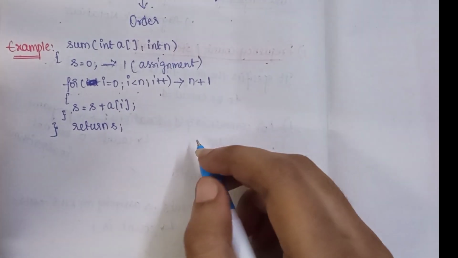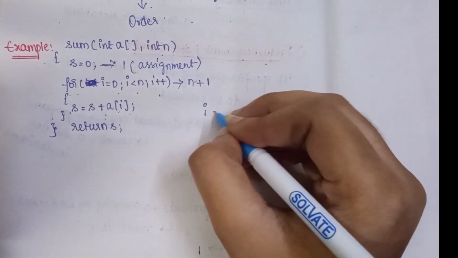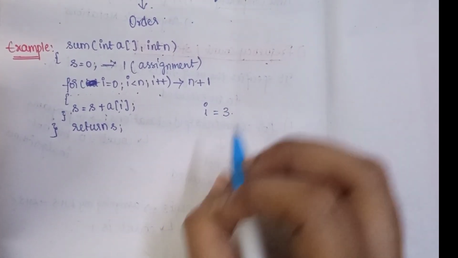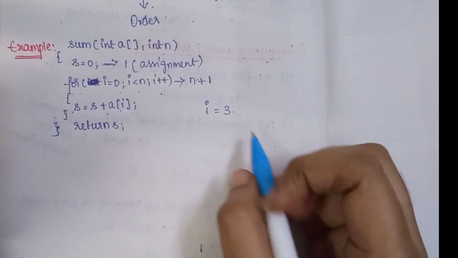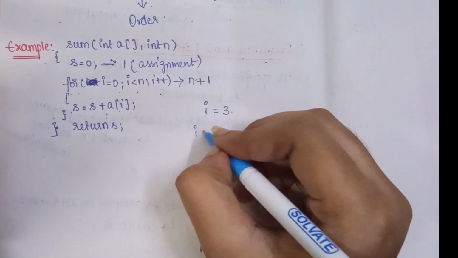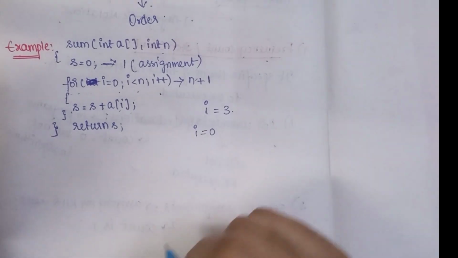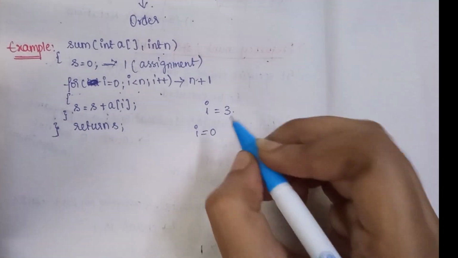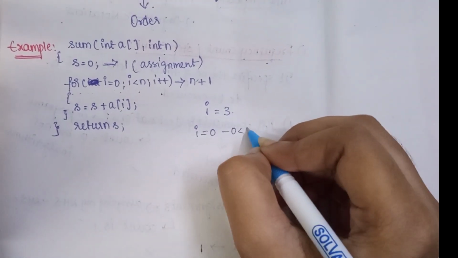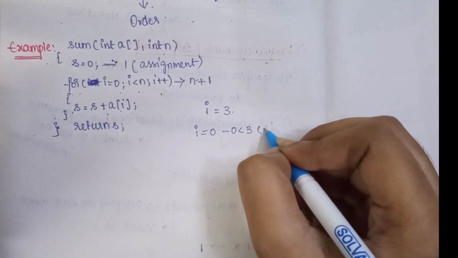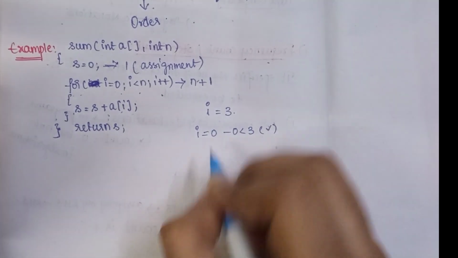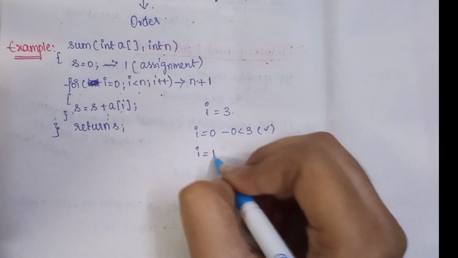So for example, if my i value is equal to 3, how does the execution take place? Suppose my i value is equal to 0, then what will happen? 0 less than 3. This is executed. Next my i value will be 1.